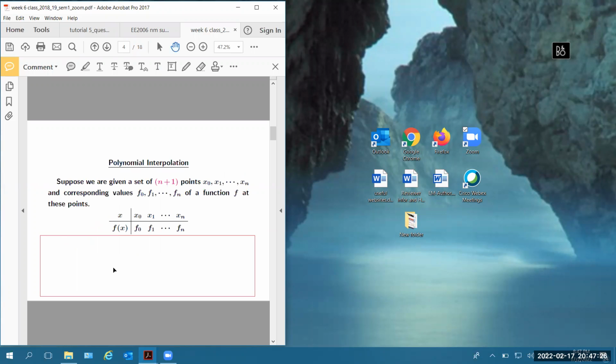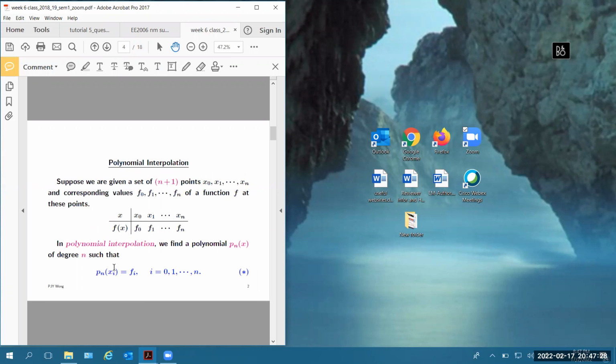There are actually 2 ways of finding it. Let me show you this first. As I mentioned, we want to find a polynomial Pn(x) of degree n that passes through every point. Now for this equation, if you substitute x = xi, you get fi. That means it passes through that point. So the meaning of this is it passes through all the n+1 points.